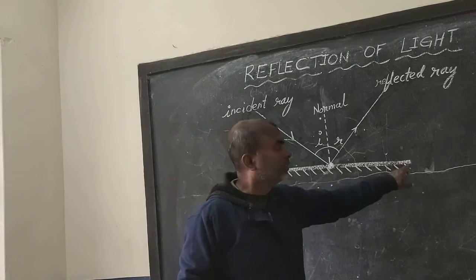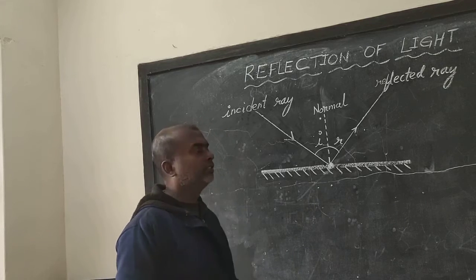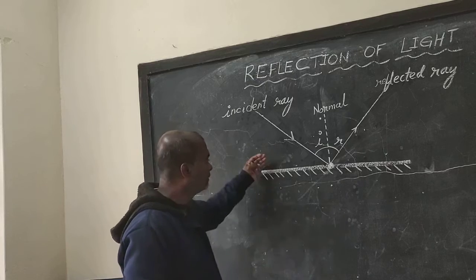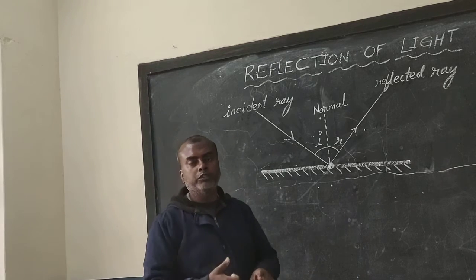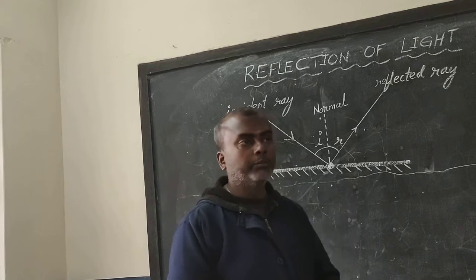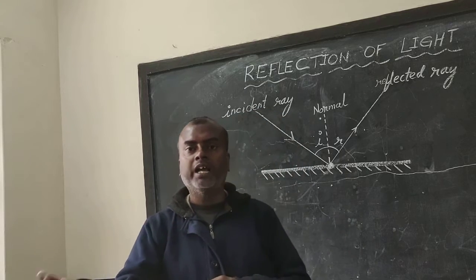Now this is the diagram of a plane surface, or best we can say a mirror. The top portion over here is showing the reflecting surface, and you know in a mirror there is a silvering, meaning the behind portion of the mirror is coated with paint. You must have seen when your mirror breaks what's behind the mirror.